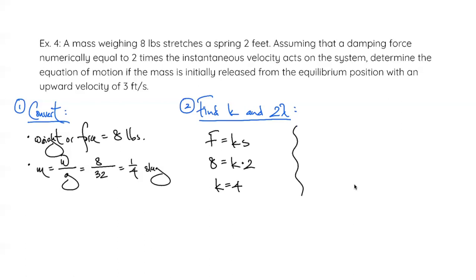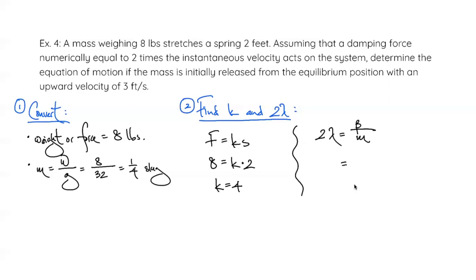Similarly, we can shortcut our way of finding 2 lambda in this case. So 2 lambda equals beta over m. That was an equation we were given when we first saw the free damped spring motion system. We want 2 lambda because that's going to go into our actual differential equation.